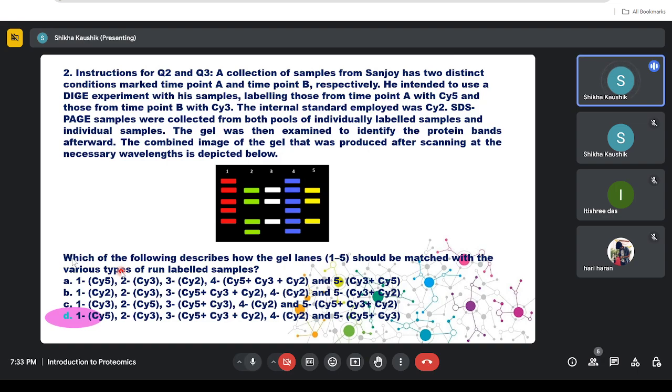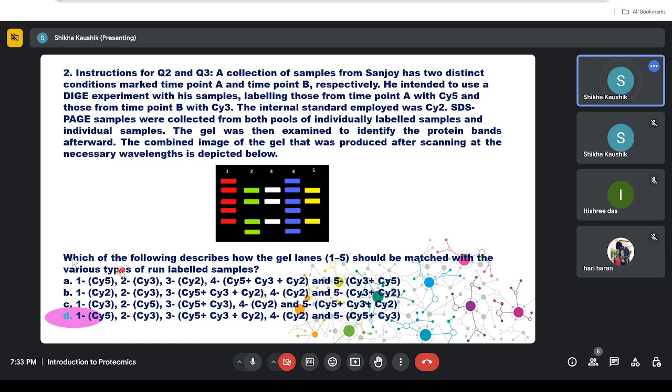Then their additive is yellow, so the fifth is going to be yellow. The additive of all three dyes, red, green, blue, is white, so the third one is the additive of all three pools. Then you have Cy2, which is blue in color, so Cy2 gives fluorescence at blue wavelength. So that is how the answer is B.